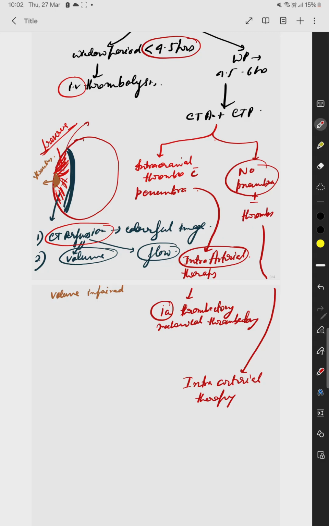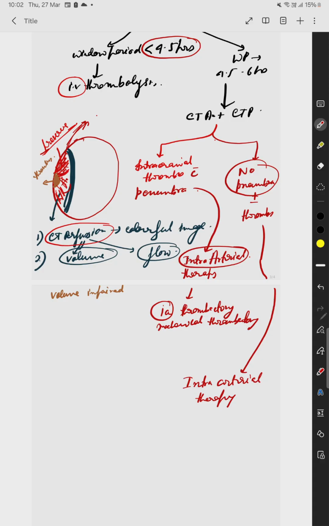This area has also become an ischemic area, so there is no point in doing intra-arterial thrombolysis, because this has already gone. We are not able to save this area. We can save it by intra-arterial thrombolysis only if there is blood flow. If this area still has blood flow, then only can we do intra-arterial thrombolysis and preserve it.